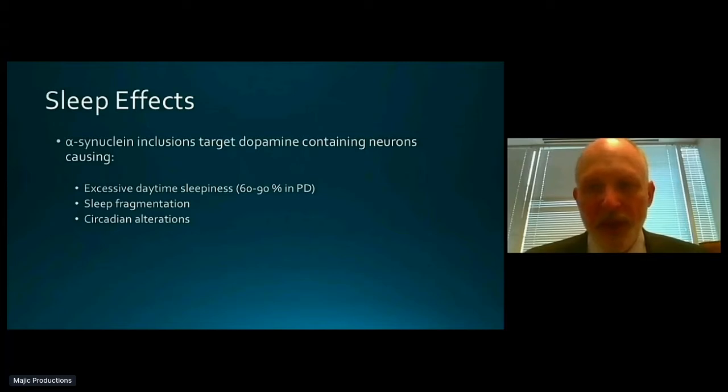It helps wake you up, and so it's got this diverse set of things it can do. And when you start losing these neurons, you can see it in a variety of different ways. I just put three of the big categories, which include excessive daytime sleepiness, which is fairly common, fragmented sleep, and circadian alteration. We'll talk more about that.